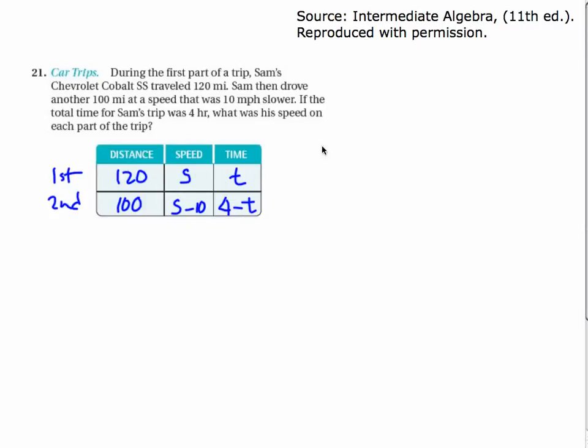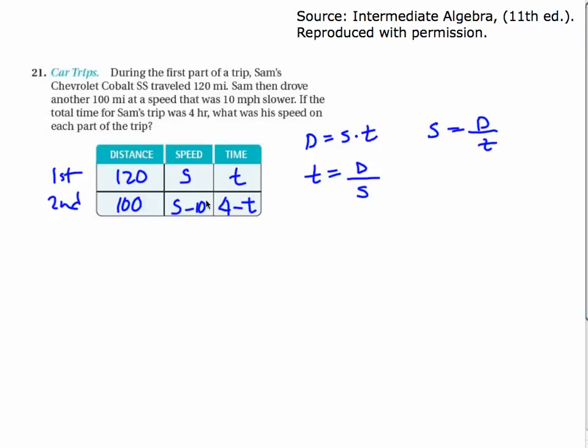Now dealing with these equations, your formula for them, you could write it as distance is equal to speed times time. Or you could write it as speed is equal to distance divided by time. Or you could write it as time is equal to the distance divided by the speed. All of these are the same formula, just manipulated.